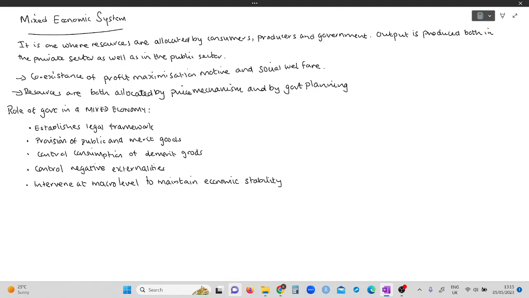Provision of public goods, for example law and defense, street lightings; merit goods, education and healthcare. Control consumption of demerit goods, drugs, etc. Control negative externalities, making sure there is no pollution, by putting it in law. Then, intervene at macro level to maintain economic stability.